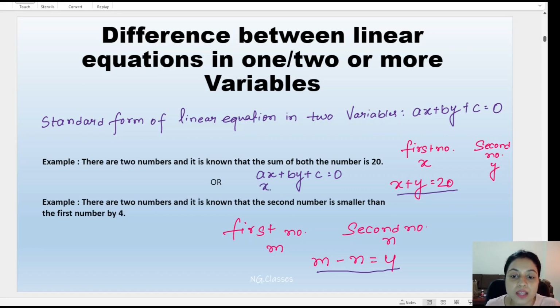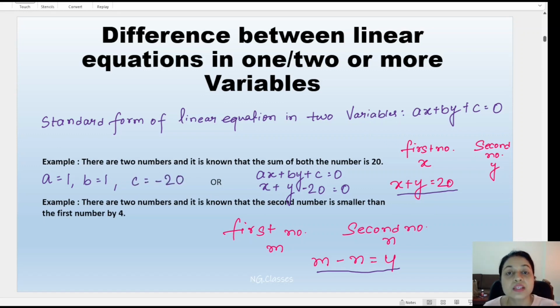So it becomes x plus y minus 20 equals 0. Now from here we can say the coefficient of x, that means a, is 1, and the coefficient of y, that means b, is also positive 1, and the value of c is negative 20.